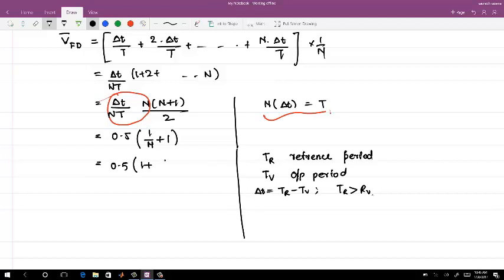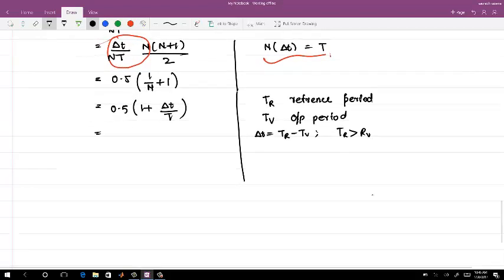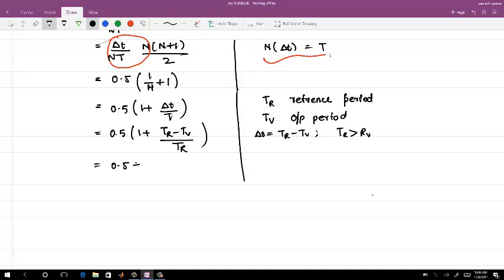Now 1 by n is delta t by t, right? So you can say I was making two mistakes and getting the right expression. So this is 0.5. Now 1 plus, does this follow? Right? Which is 0.5 plus, sorry, this one is 1 minus 0.5 TV by TR and 1 minus 0.5 FR by FV.